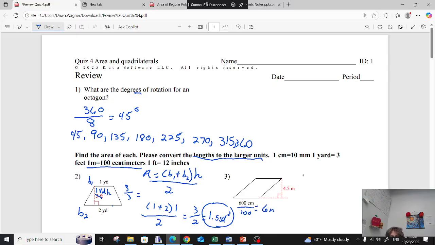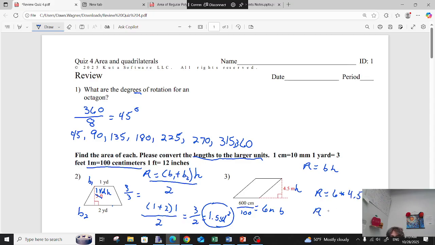So, what shape is this? Parallelogram, which area equals base times height. So this would be height, this would be base. Area equals 6 times 4.5.